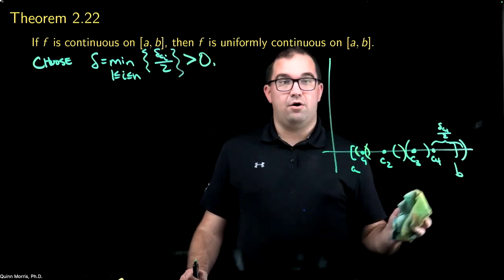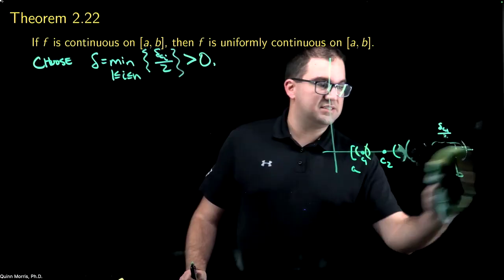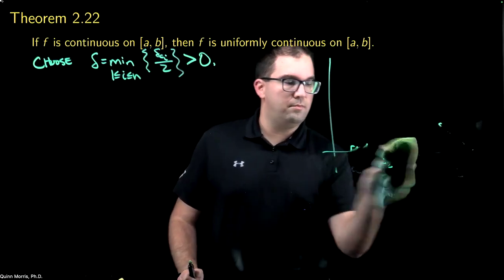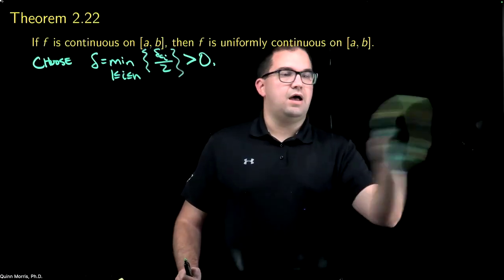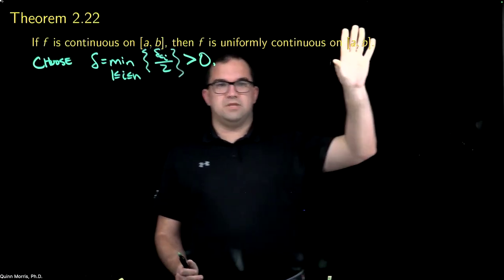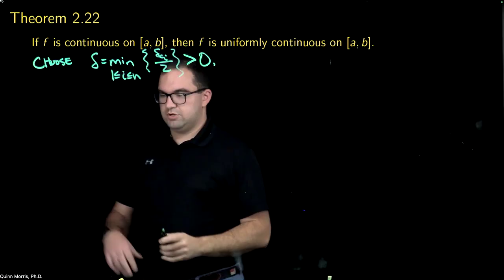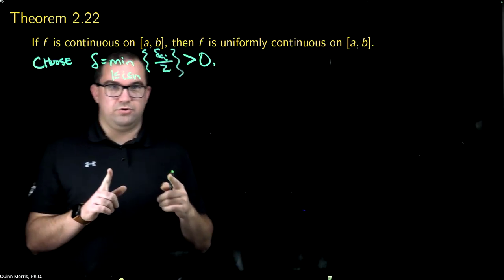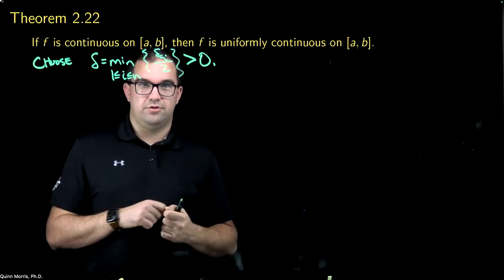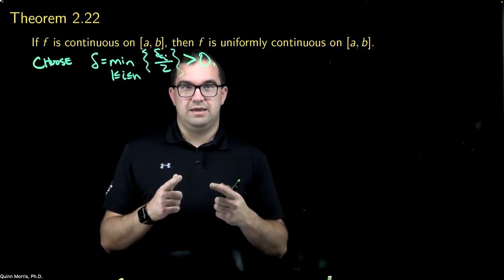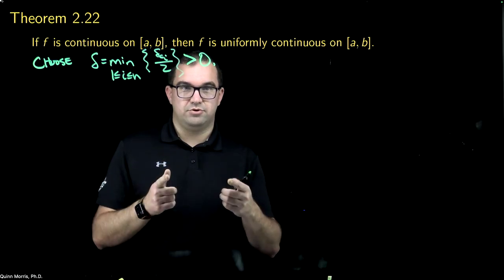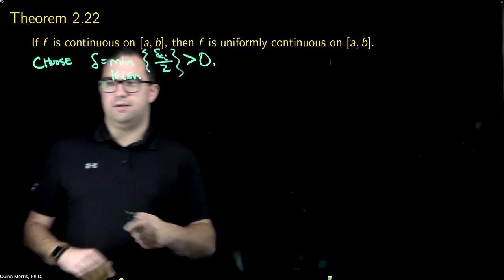Now I have everything set up to do the rest of my proof. Remember, my goal: I've got an arbitrary epsilon floating out there, and I want to show that if I take two different x values that are within delta of each other, then the absolute value of f of x minus f of y has to be less than epsilon.